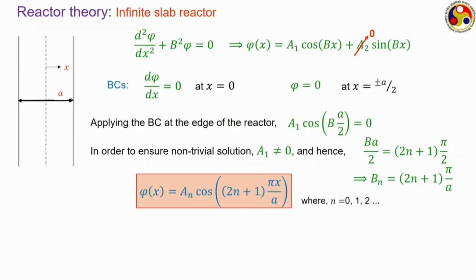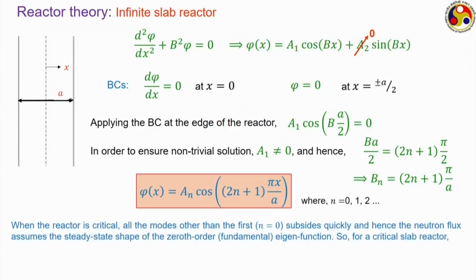Practically speaking, when the reactor is critical, after a certain period of time you will not find the existence of the other modes, that is all the other harmonics corresponding to n equal to 1, 2, 3 etc. will die down quite quickly, and after some small period of time you will only see the n equal to 0, that is the 0th order eigenfunction or the fundamental eigenfunction existing, the magnitude of the other eigenfunctions being negligible.